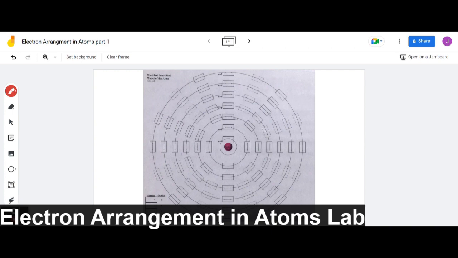And actually you can do this too, you can take screenshots of the various electron arrangements and upload them into the lab report. It's just that we'll have markings on a picture rather than pencil erasers.